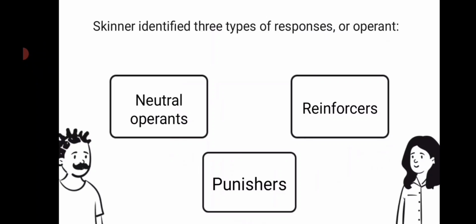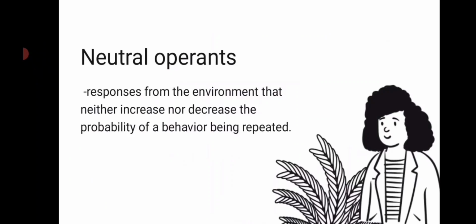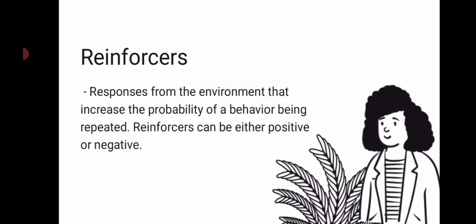Skinner identified three types of responses or operants that can follow behavior, and these are neutral operants, reinforcers, and punishers. Neutral operants are responses from the environment that neither increase nor decrease the probability of a behavior being repeated.